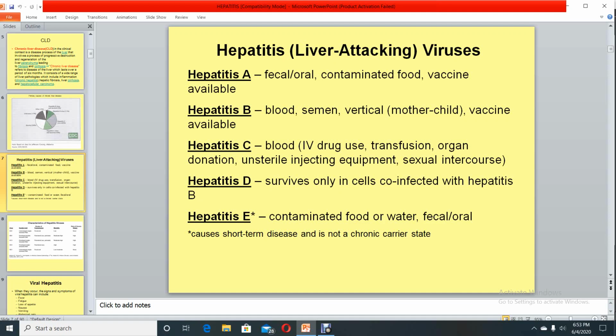So it needs B to inflame the liver. Hepatitis E is contaminated food or water, the fecal-oral route. So there are two viruses, hepatitis A and E, which are fecal-oral route, while B, C, D or G or others are all parenteral viruses.